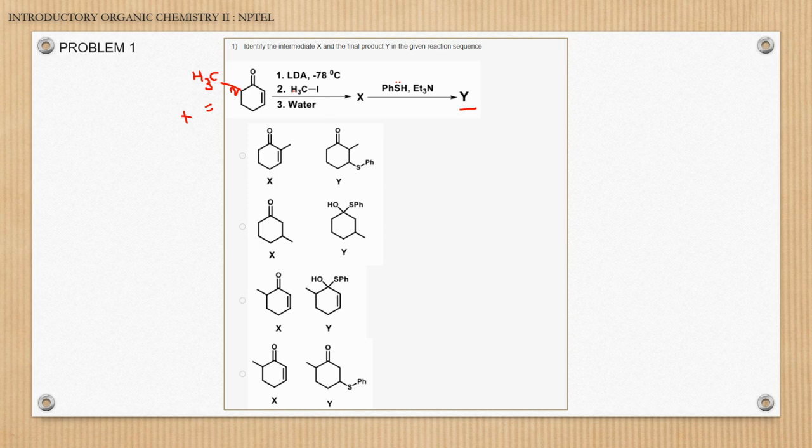This sulfur has a lone pair of electrons. So now at which point will it attack? It has two positions to attack, either C4 or C2. So which path will it choose to attack, C2 or C4? What do you think? The attack of thiophenol, will it take place at the C4 position or the C2 position of the alpha beta unsaturated ketone?